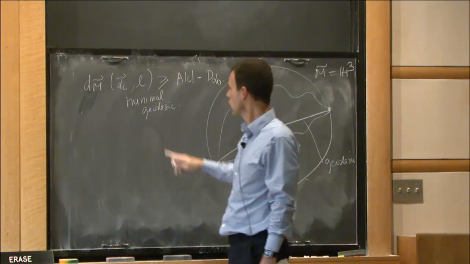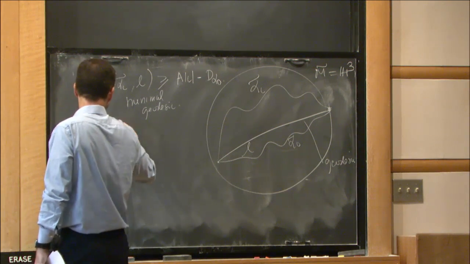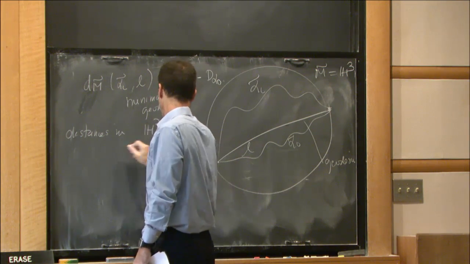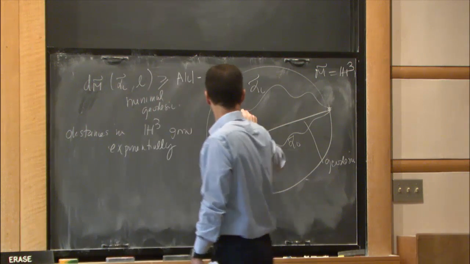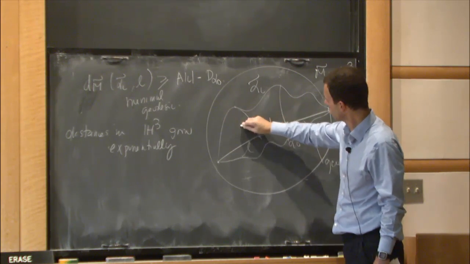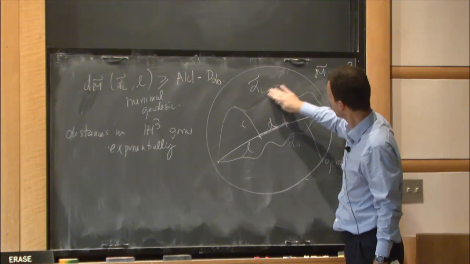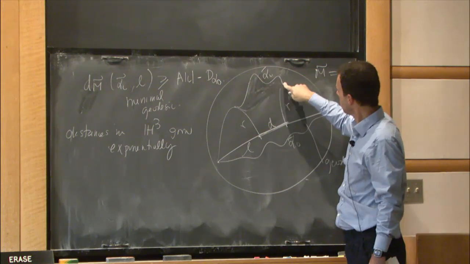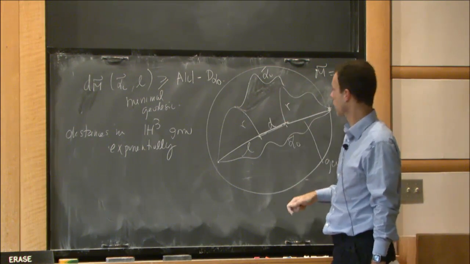Okay? And this is because distances in H3 grow exponentially, meaning if this is a fixed distance d here, and this is r, the length of any path which is at least r away from this geodesic is d times hyperbolic cosine of r.